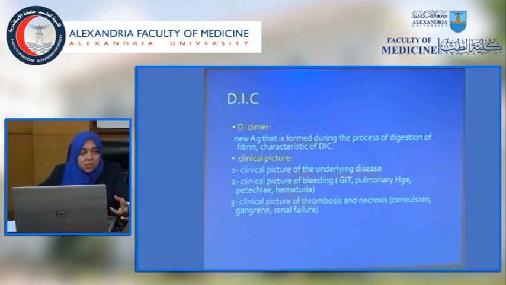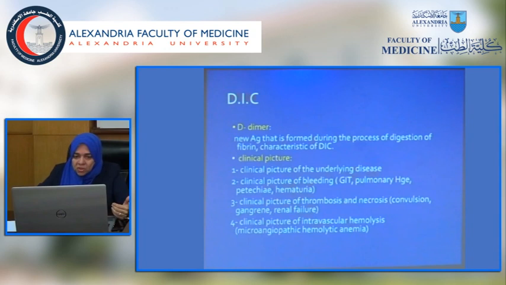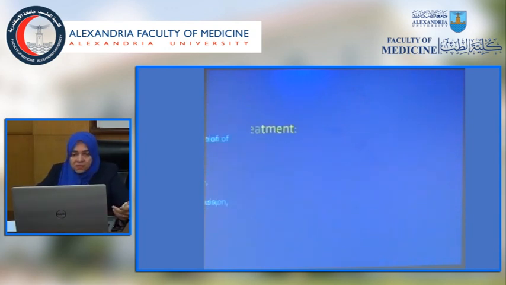There will be obstruction of the microvasculature, so there will be convulsions due to obstruction of the microvasculature in the brain, gangrene, and renal failure. The clinical picture of intravascular hemolysis with microangiopathic hemolytic anemia is due to entrapment of the RBCs in the fibrin meshwork.